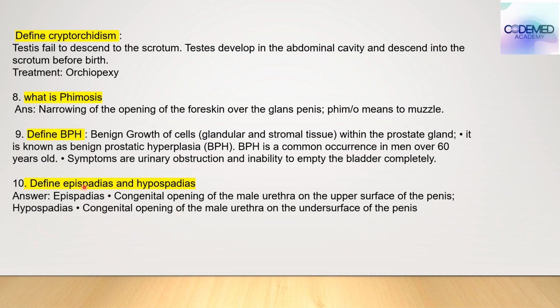And then epispadias and hypospadias. Epispadias is a congenital opening of the male urethra on the upper surface of the penis, while hypospadias is the congenital opening of the male urethra on the under surface of the penis. So these are certain common malformations or abnormalities related to the male genital system.